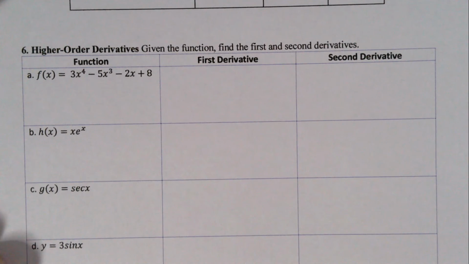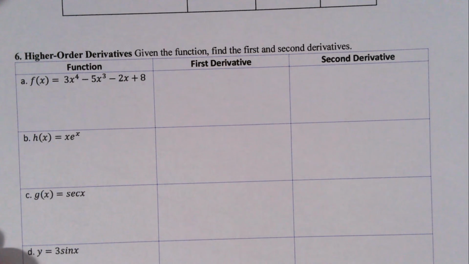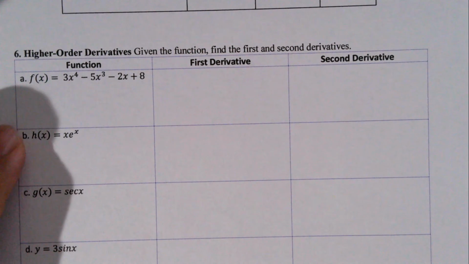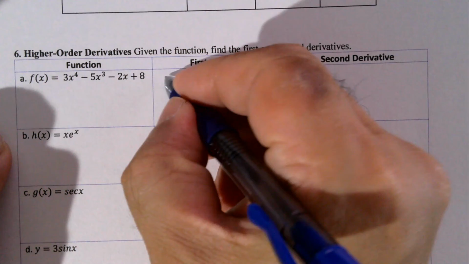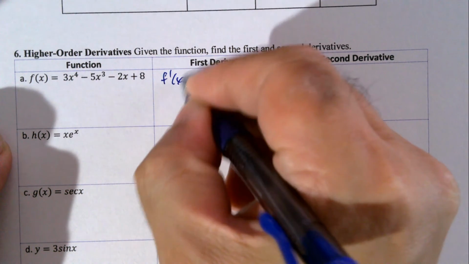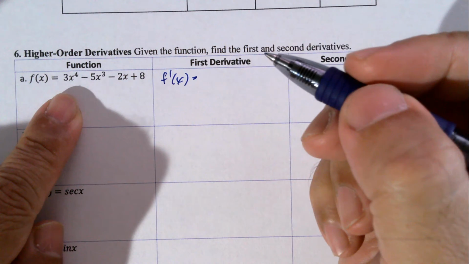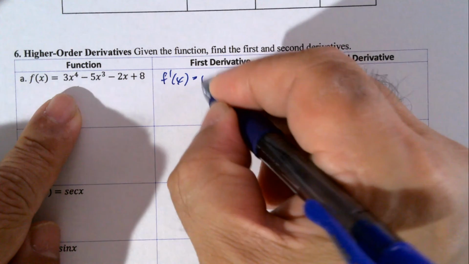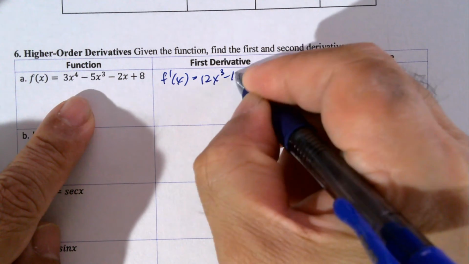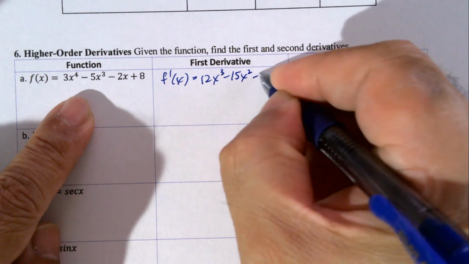And I think there's time to do the next one. By the way, I didn't do this in class because it was kind of boring. This is just taking higher order derivatives. You take multiple derivatives. So derivative of this is 12x cubed minus 15x squared minus 2.